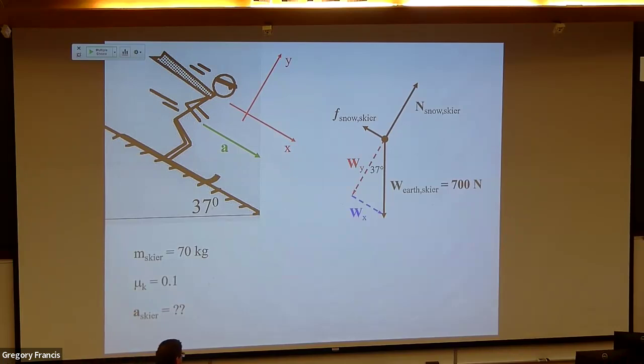Once we have broken the weight force up into its parts, we throw away the original and use the parts. Well, if we use some trig, this is going to be 700 times the cosine of 37 degrees, and this is going to be 700 times the sine of 37 degrees.